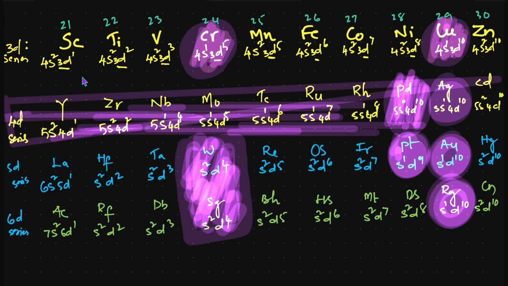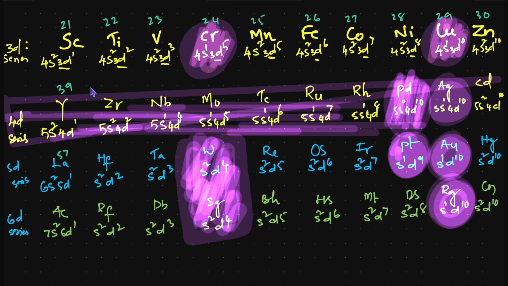Yttrium is 21 plus 18, so 39. So here you have to add 32. Okay, let's see what changes here.